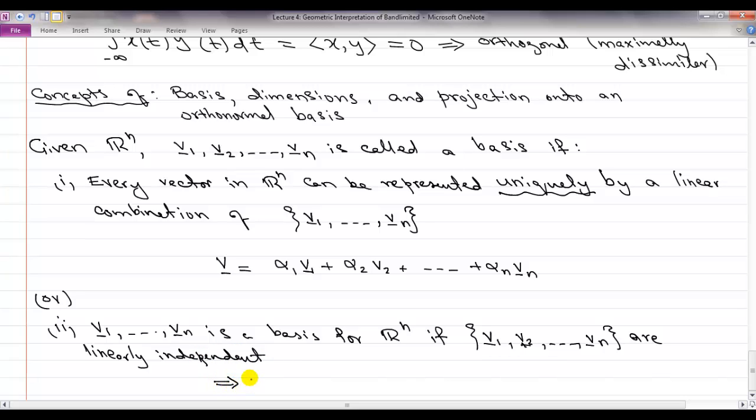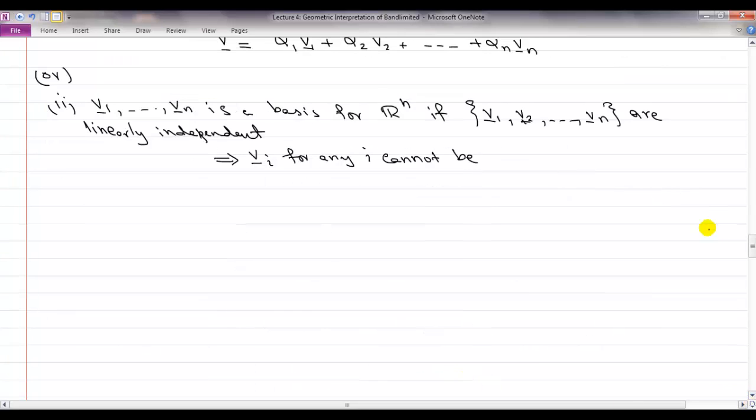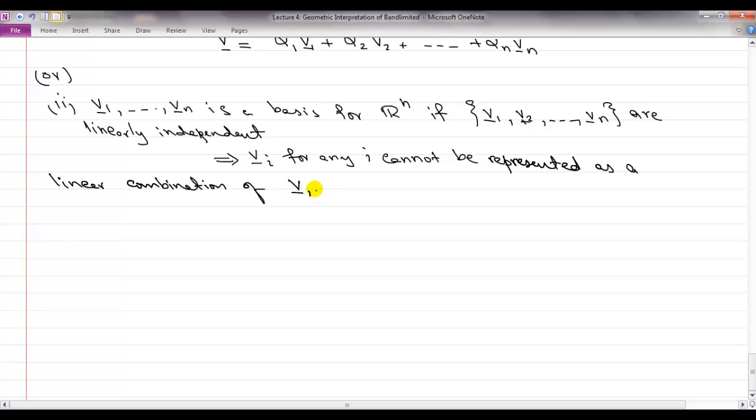Which means that vi for any i cannot be represented as a linear combination of v1, v2 up to vi minus 1, vi plus 1, and vn.